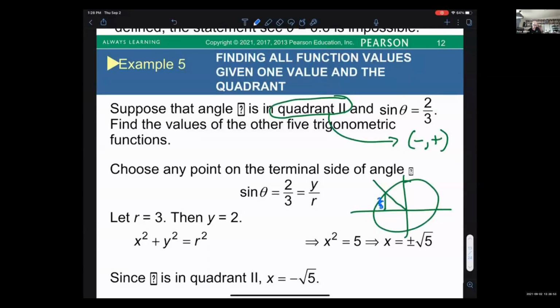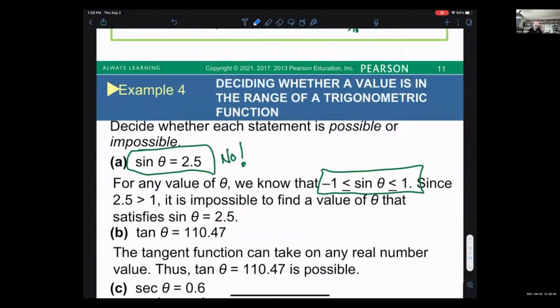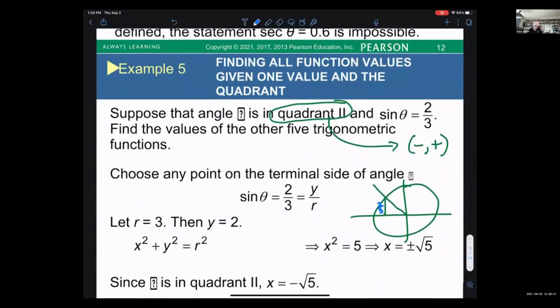That's the y value. I know that on the unit circle the diagonal is a 1. And that means that this x value is the only unknown side in this right triangle. And we can use the Pythagorean theorem to figure that out.